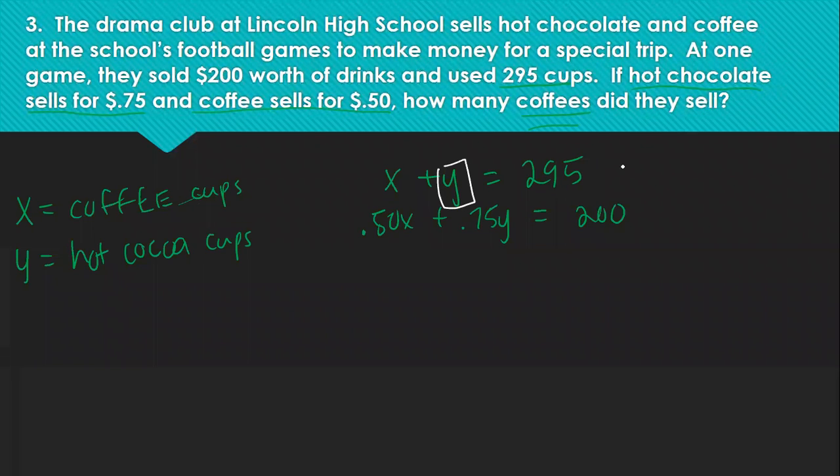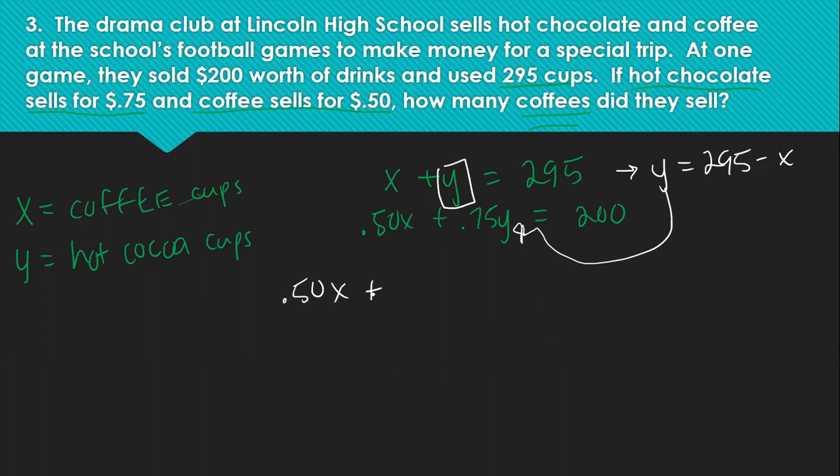So what do I need to do to get y by itself? Subtract x. So we have y equals 295 minus x. And this is what I'm substituting into this one. So we have 50 cents x plus 75 cents times 295 minus x equals 200.